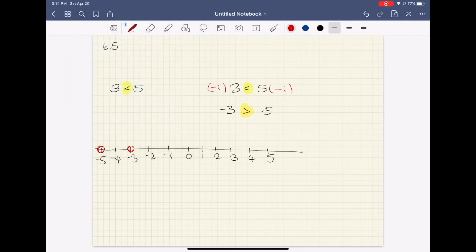So here is the conclusion. And this is the only difference between solving linear equations and linear inequalities.